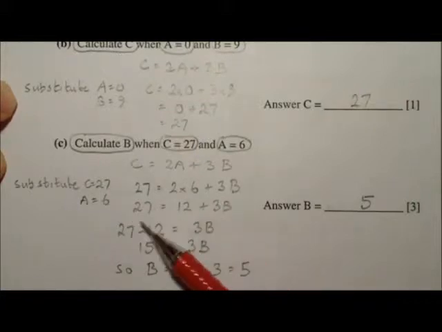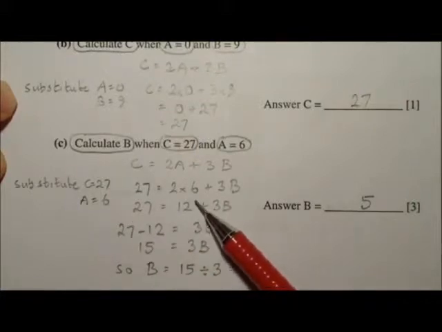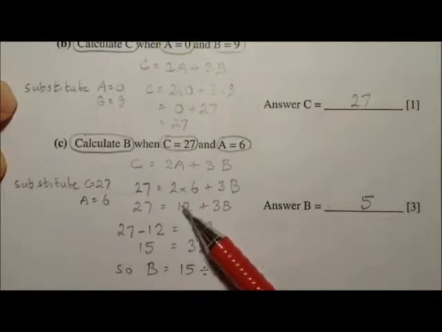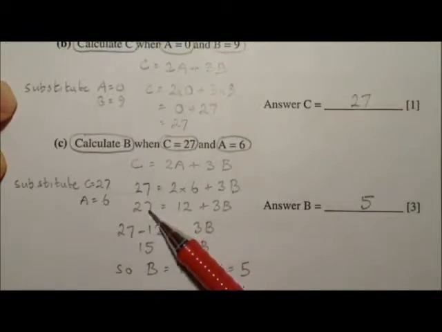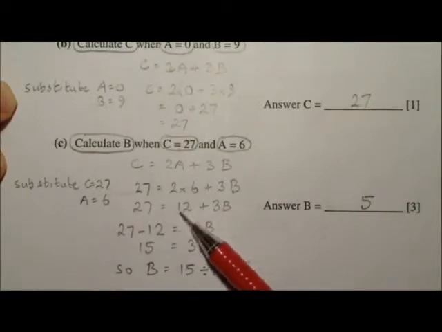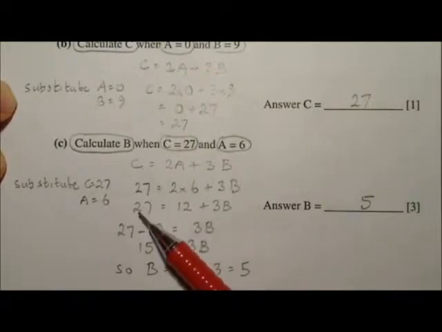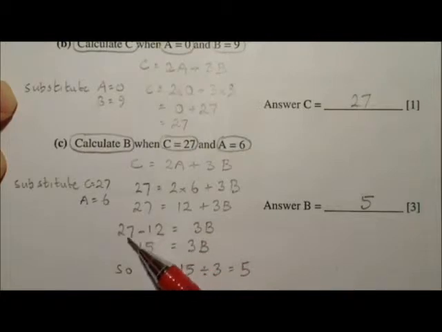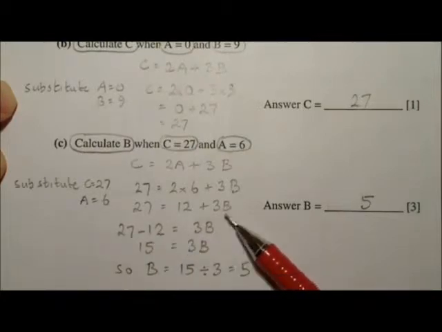Now at this stage we've got a little formula here, and we want to move this 12 across to the other side of the equation, over to the other side of the equal sign, to be with the 27. And whenever we move that plus 12 across, it becomes minus 12. So now we end up with 27 minus 12 equals 3B.